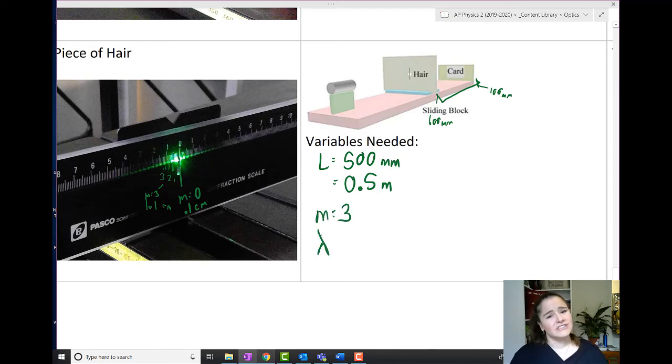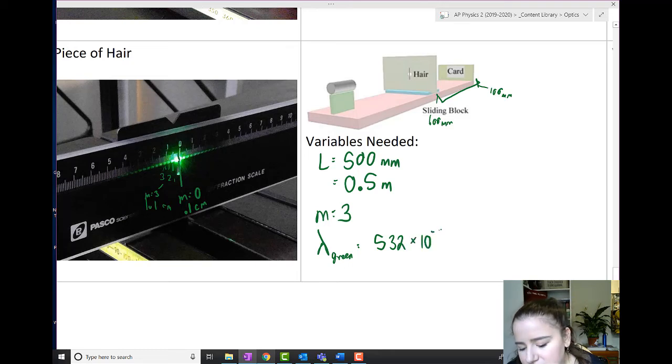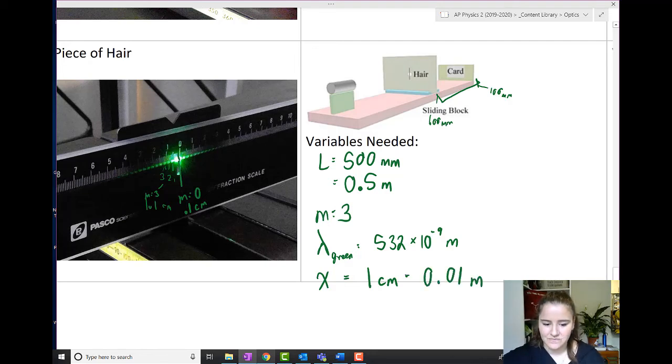I was only able to get a good still on the green light, so we'll use the wavelength of the green light, which was 532 times 10 to the negative 9th meters. And then we need our x, our distance between those maxima. So we said that was 1 centimeter, which is 0.01 meters.